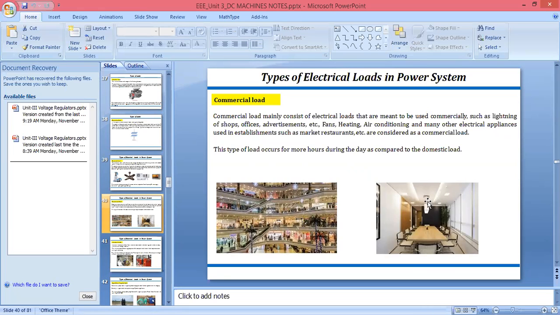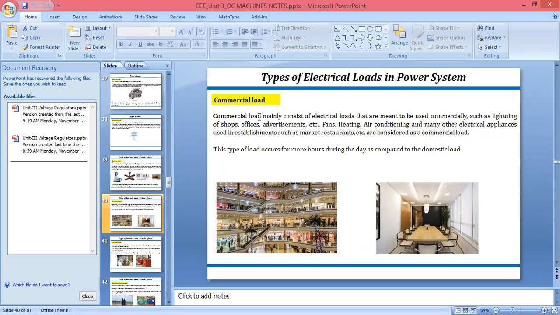It means we are using electrical loads that can be used in shops and in offices. These devices we are calling commercial loads.